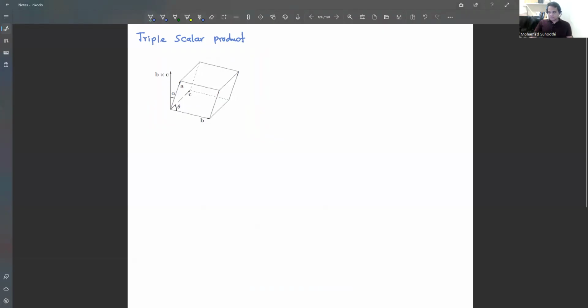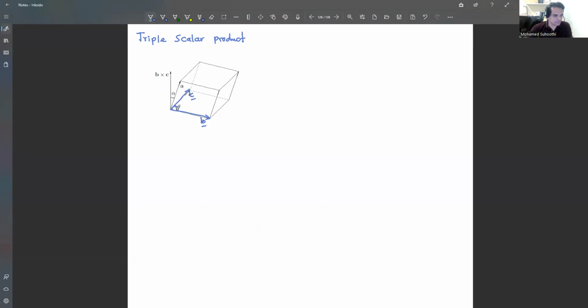In this diagram, actually, what we are going to discuss here. So far we discussed the meaning of the cross product, right? So let's say one vector along this direction is vector b, then this one is vector c.